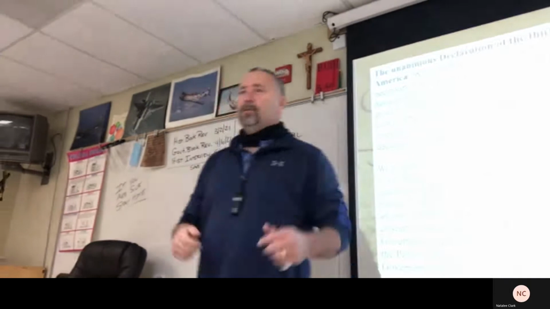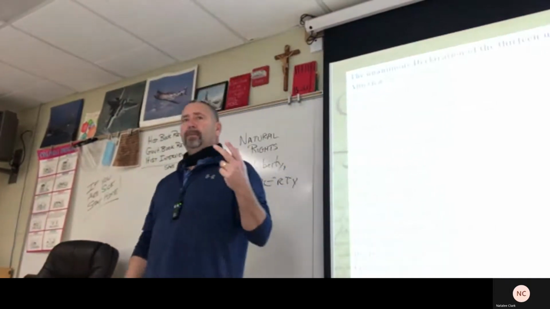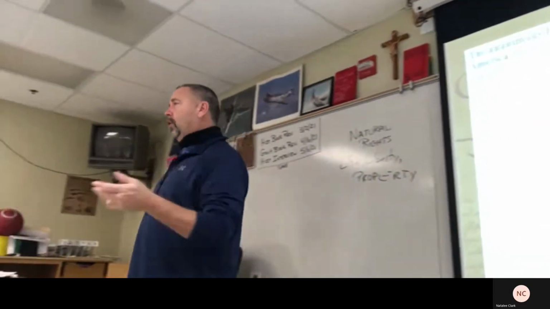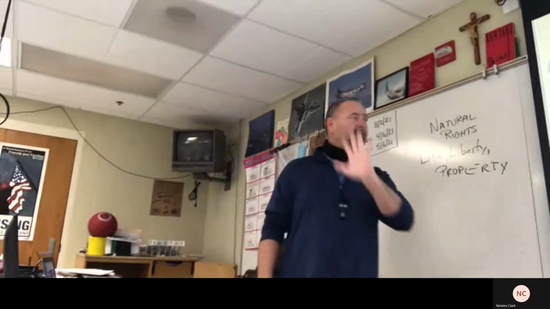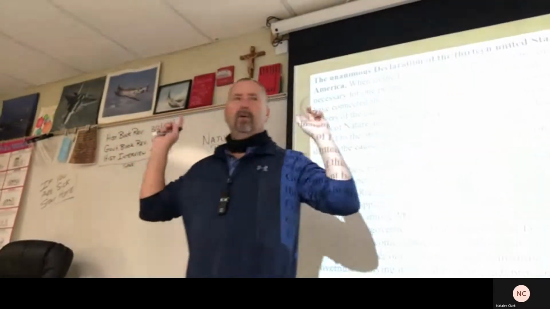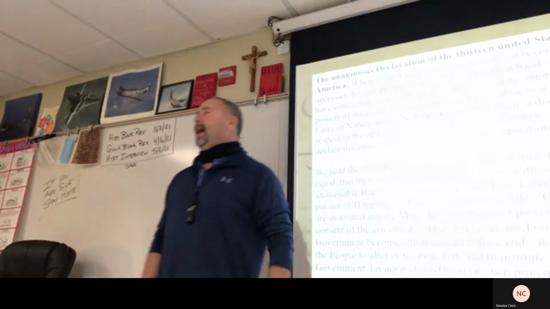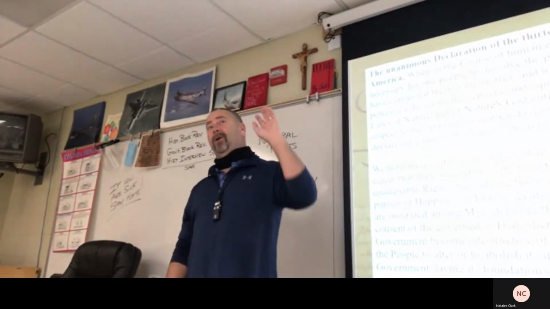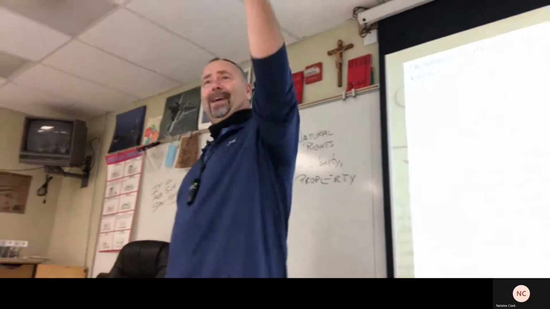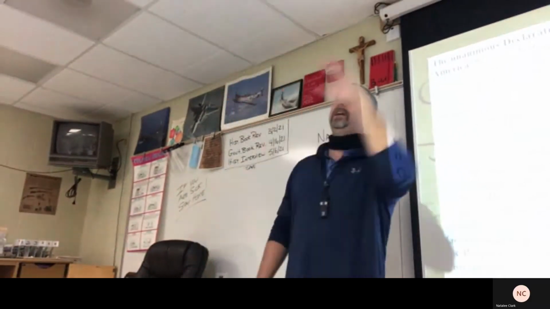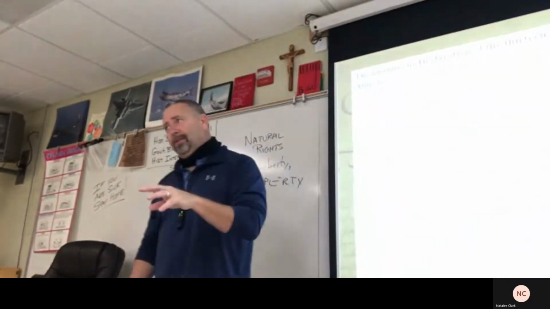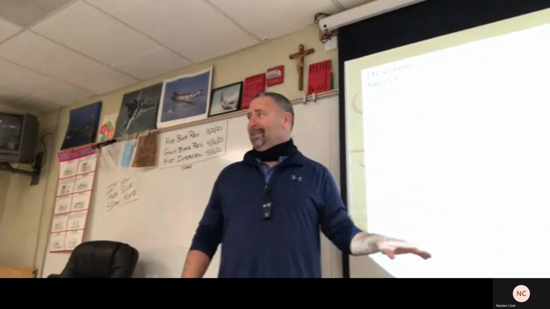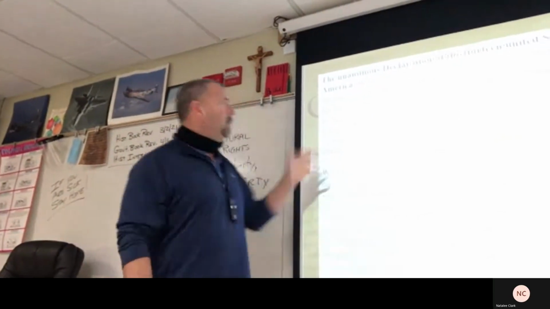And so John Adams, Thomas Jefferson, a guy named Livingston, Sherman, and Ben Franklin are the 5 men on the committee to write the Declaration. And they say, Tom, you write it. And then they critiqued it and changed it. And when they put it in front of all those men in the Second Continental Congress, they changed it even more. So the original is different than what they signed. Okay, but Jefferson wrote these words.